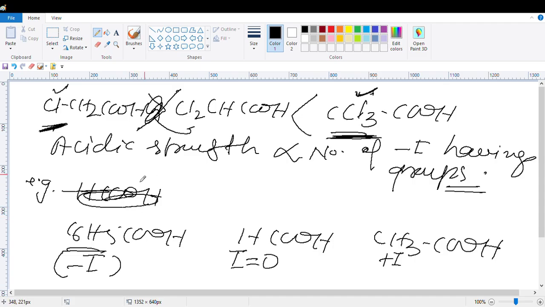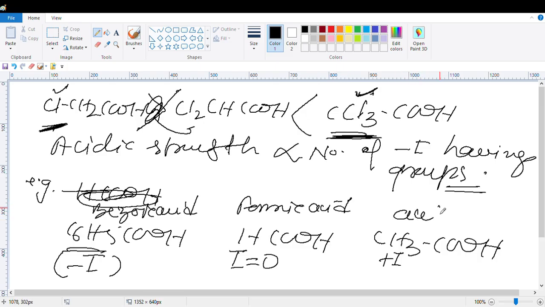When we compare benzoic acid, formic acid and acetic acid, benzoic acid has C6H5 which has a minus I effect.